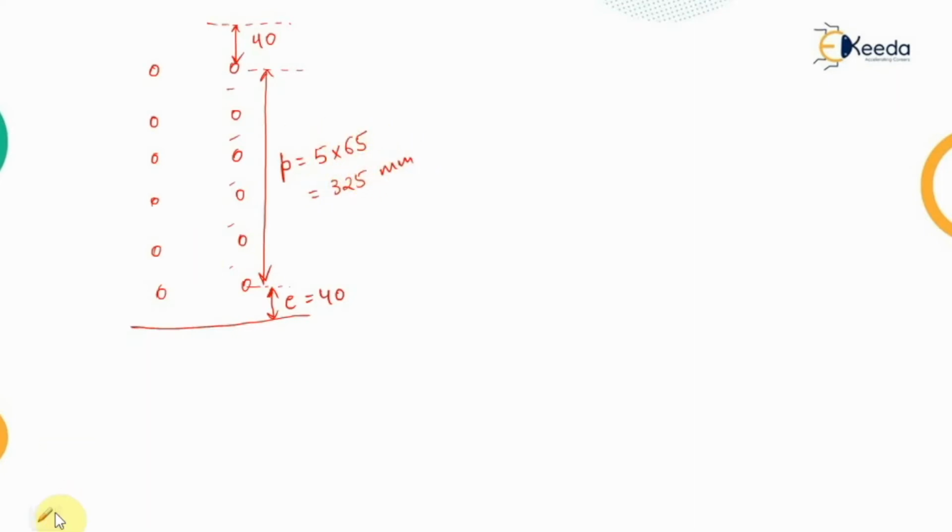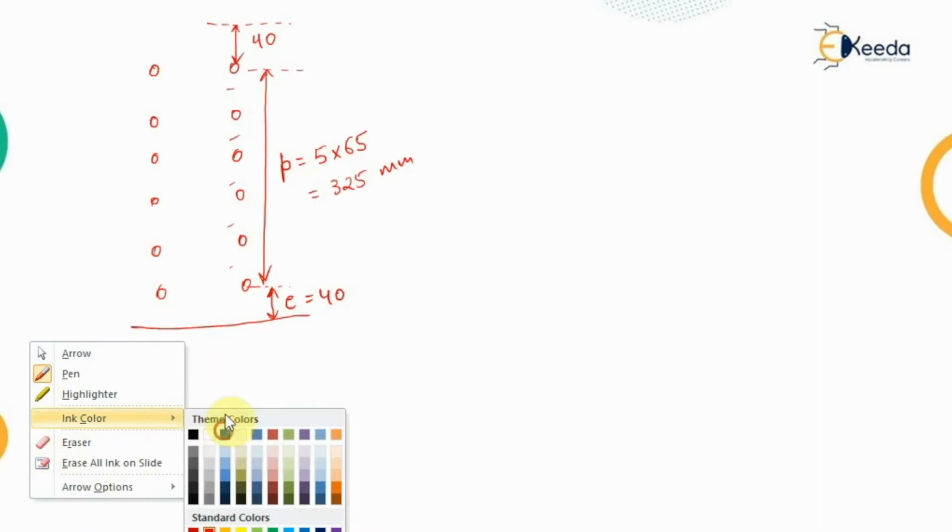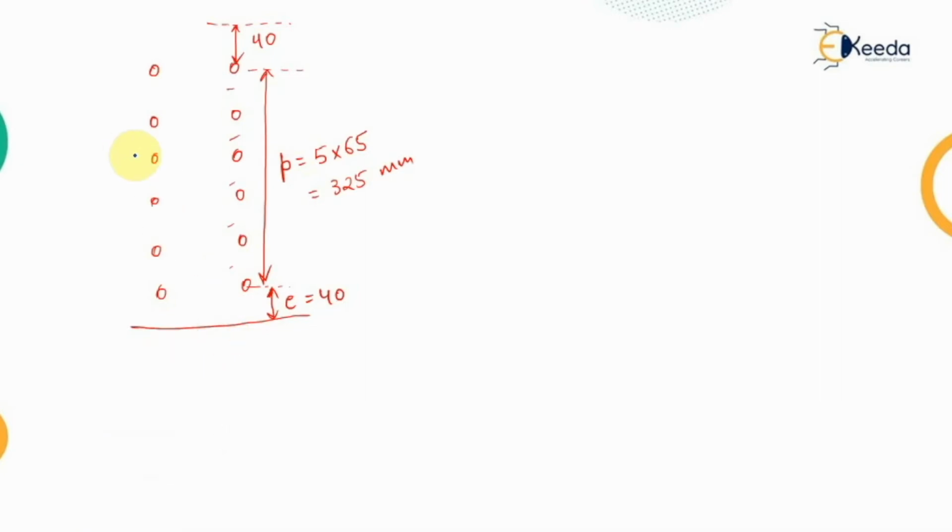Now the important thing that we need is the H value, and this H value is measured from the bottom of the bracket plate to the topmost bolt. That means this H value will be equal to 325 millimeter plus 40, that is 365 millimeter.